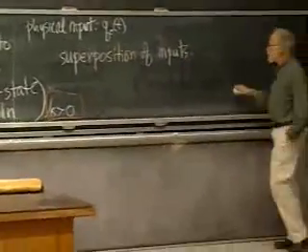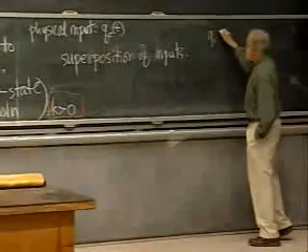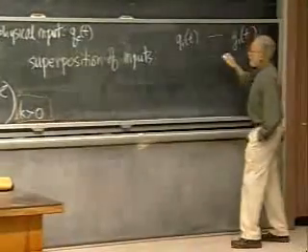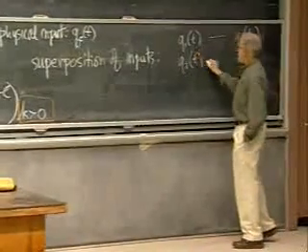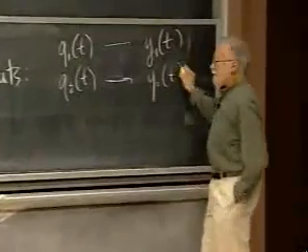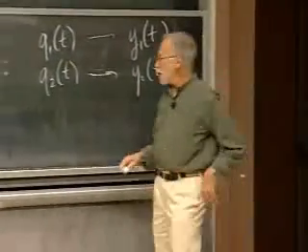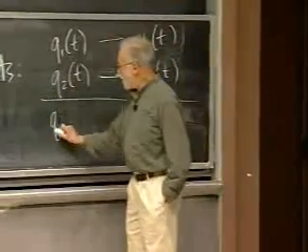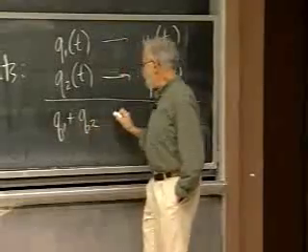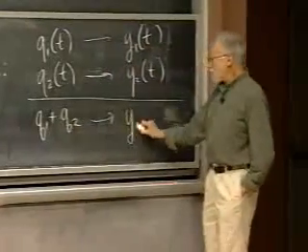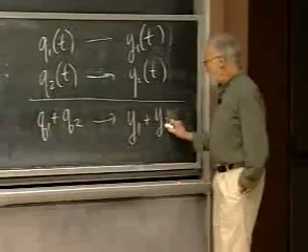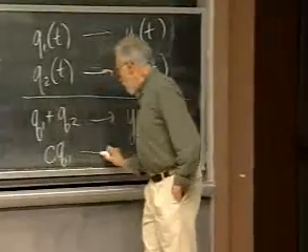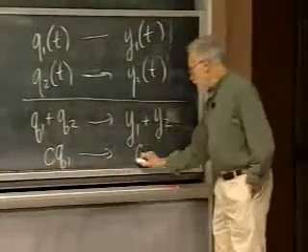Whether they're physical inputs or non-physical inputs, if the input q1 of t produces the response y1 of t, and q2 of t produces the response y2 of t, then a simple calculation with the differential equation shows you by, so to speak, adding that the sum of these two corresponds to the response y1 plus y2, and a constant times q1 will have as the response the constant times y1.